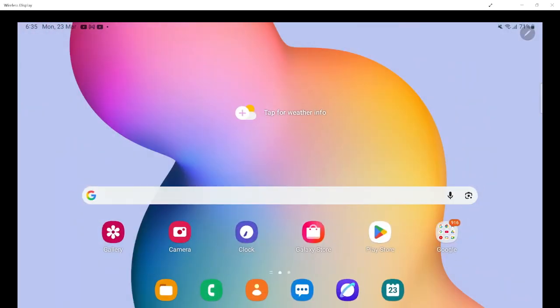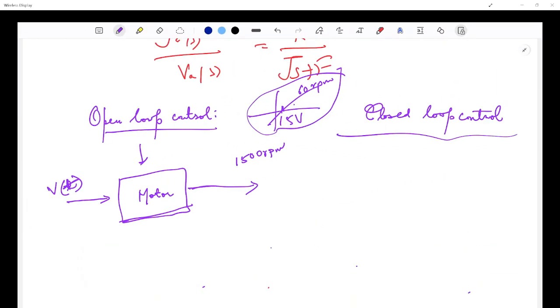The motor may get heated up, the motor may have some hysteresis developed inside it, or there might be some external noise or disturbance coming in. How would my motor be able to just maintain 1500 rpm? It won't be able to, right? So there should be some error correction mechanism.